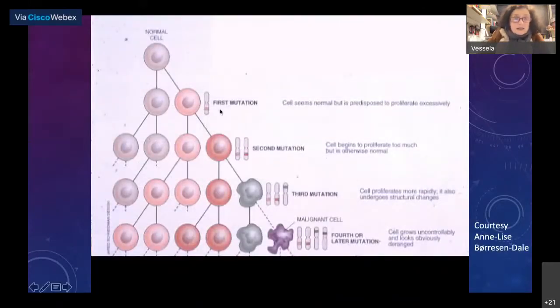So in cancer, we know that in some cells, and we are now sequencing an increasing number of normal cells, and we actually identify the number of mutations in those normal cells to be much higher than expected from this model, which you can see from the quality of this figure is actually quite old.